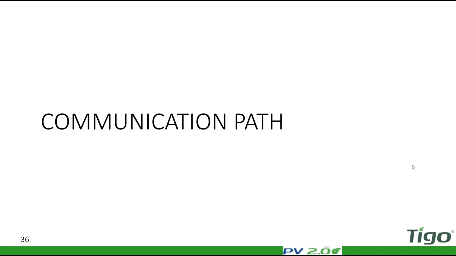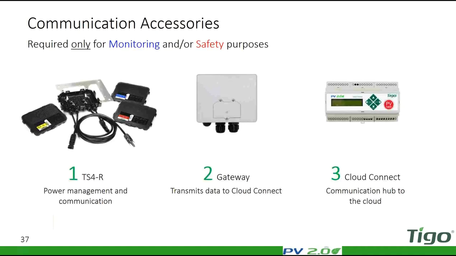We finished the chapter about the design guidelines as far as layout is concerned: where you can place modules, which type of covers to use and when. And now we're briefly going to cover the communication piece of it. So our TIGO system, when it communicates, has the TS4-R units, no matter how many, no matter which ones.